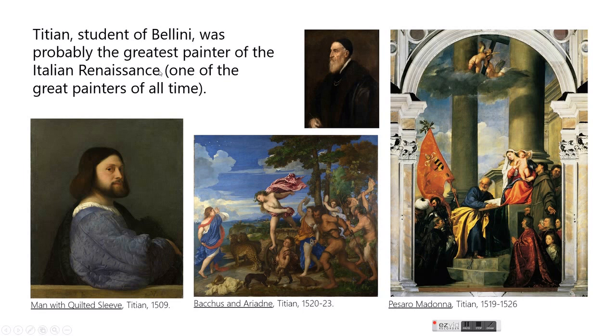And then Titian was also a student of Bellini, as well as Giorgione. And Titian is probably the greatest painter of the Renaissance. So he really should be considered part of the great three that we talk about.